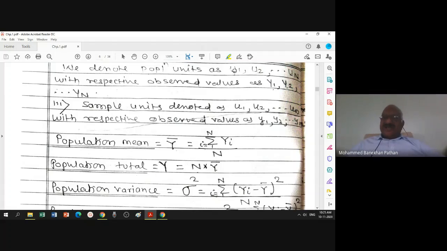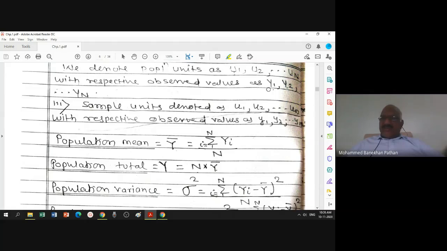It is not necessary that capital U1 is small u1, it may be. And like that for all the elements. With respect to observed values, small u1 takes value small y1, small u2 takes value small y2, up to small un takes value yn.